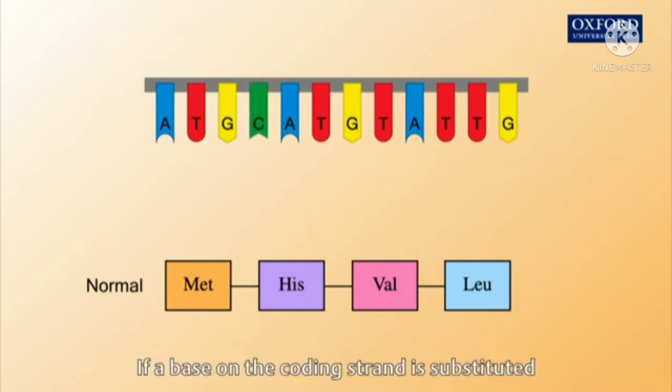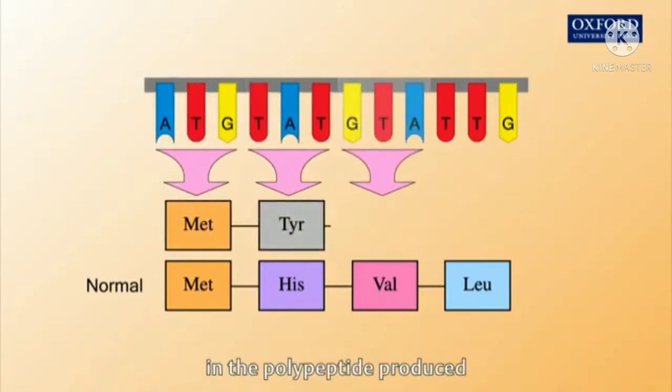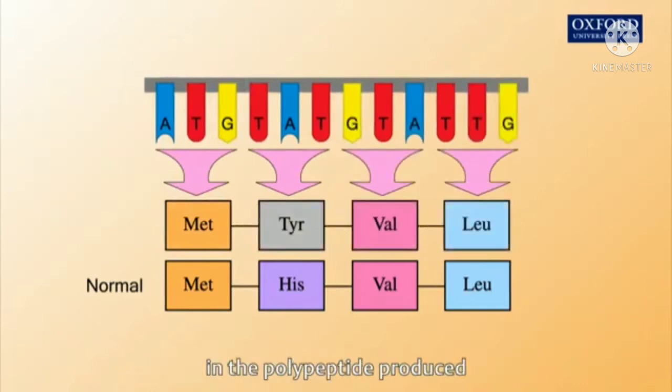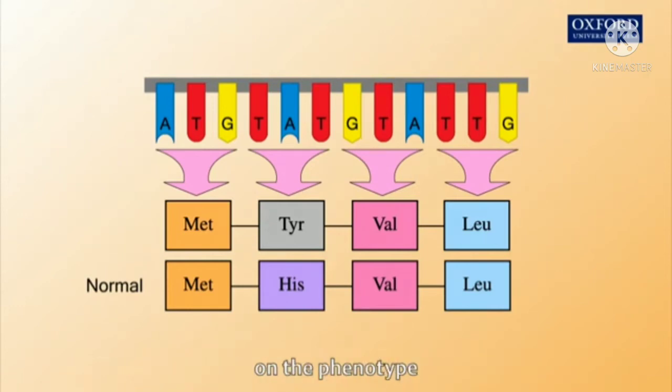If a base on the coding strand is substituted with another base, a triplet code on the strand will be changed. This may result in one different amino acid in the polypeptide produced. If that amino acid alters the conformation of the protein sufficiently, the mutation would have an obvious effect on the phenotype.